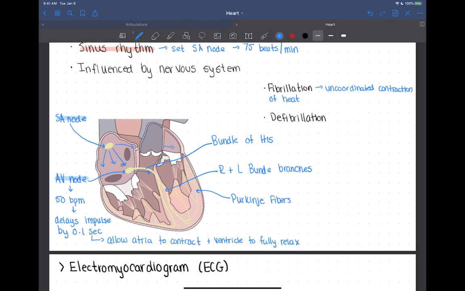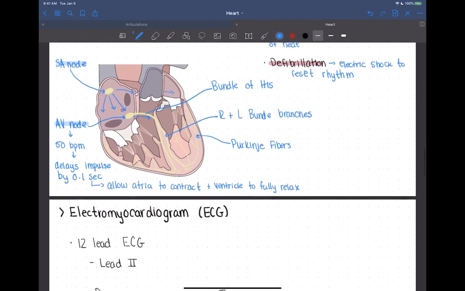You essentially give them an electric shock to wipe the slate clean and reset the rhythm so that the SA node can take over and help re-coordinate the contraction. So defibrillation is going to reset that rhythm. Okay, so fibrillation and defibrillation.